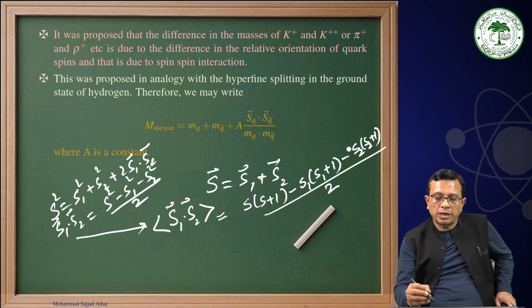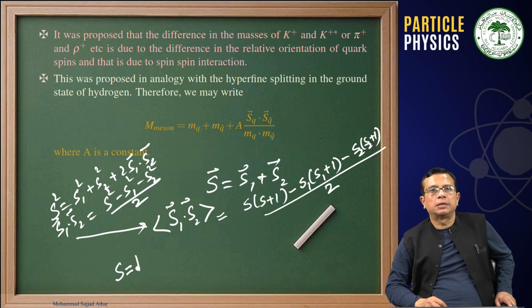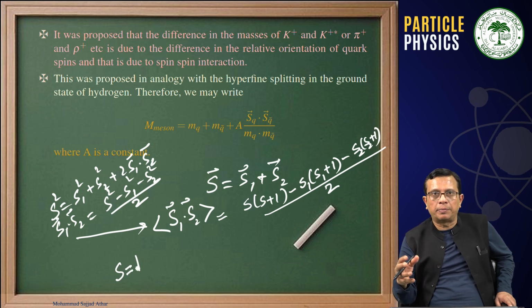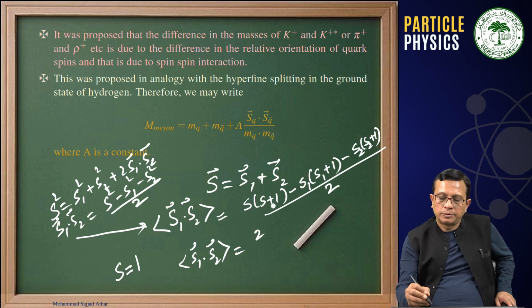Now, if we are talking about a spin 1 object like a rho meson, like omega meson, like K star meson, formed from spin half objects, then this expectation value will be 2 minus half plus 1 upon 2.